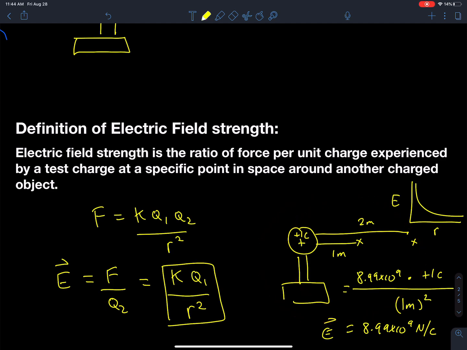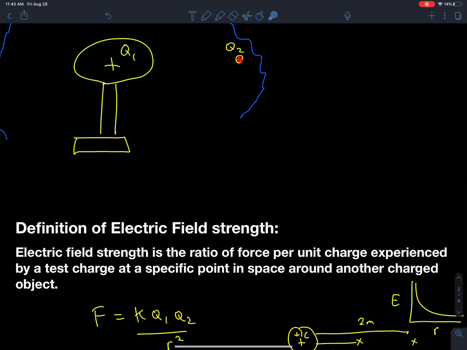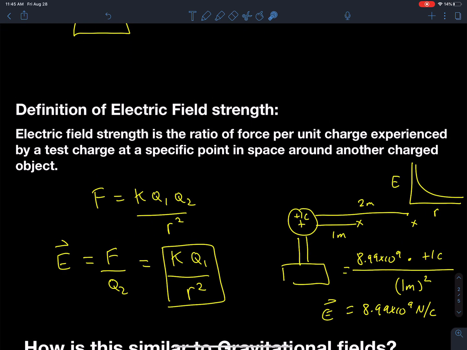The electric field is a region of space around a charged object, and at specific points, the actual strength of it is the ratio of the force experienced per unit charge of whatever this little test charge is at that point, which can be calculated by the constant k times the charge of the central object divided by that distance squared.